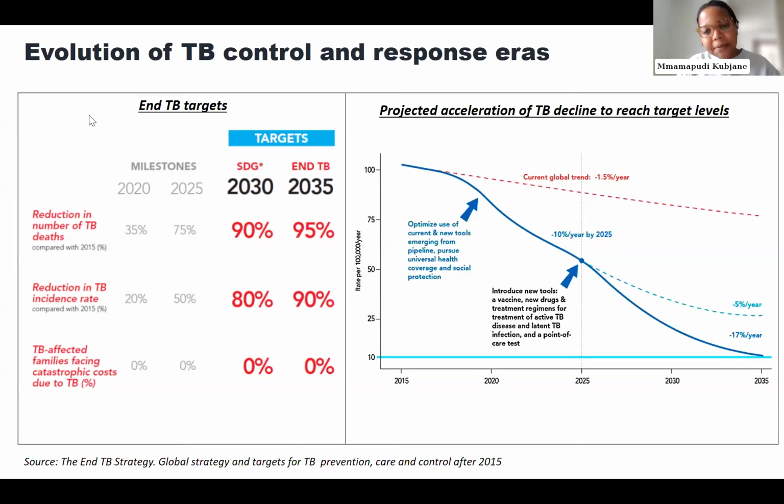And in the blue, it's the hypothetical scenario where we would introduce newer tools, optimize current tools, and introduce new vaccines that are effective in order to meet the End TB or elimination targets, as shown in the blue line.